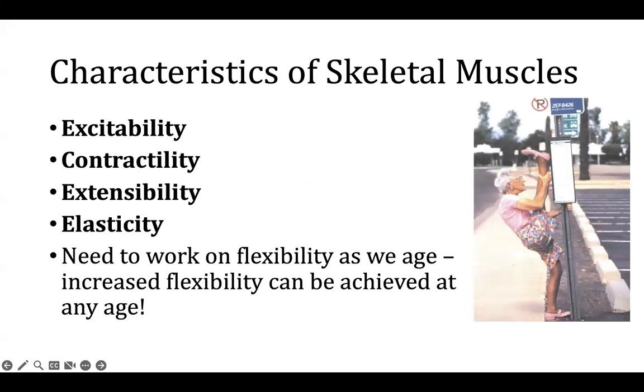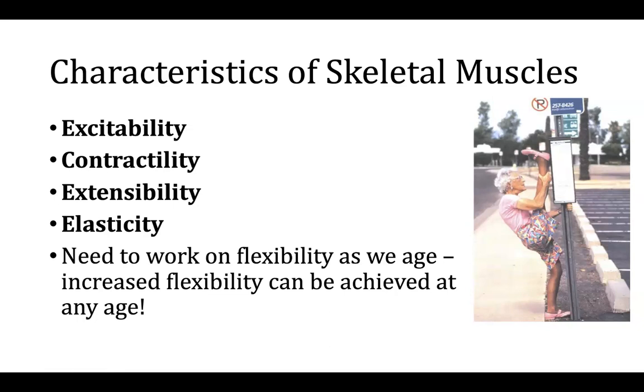Characteristics of our skeletal muscles: we have these different characteristics which help our bodies move and do the things that they do. The first is excitability, which is the ability to respond to a stimulus, which may be delivered from a motor neuron or a hormone. There's also contractibility, which is the ability of muscles to forcefully shorten.